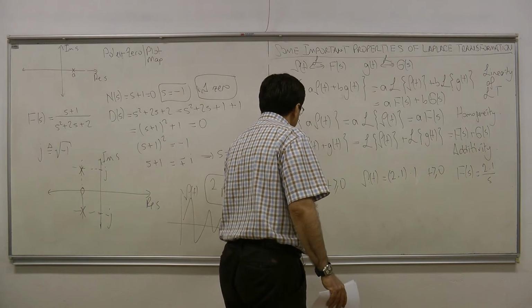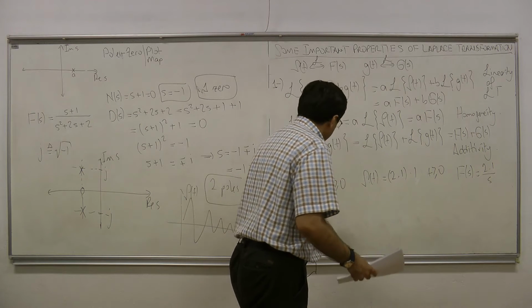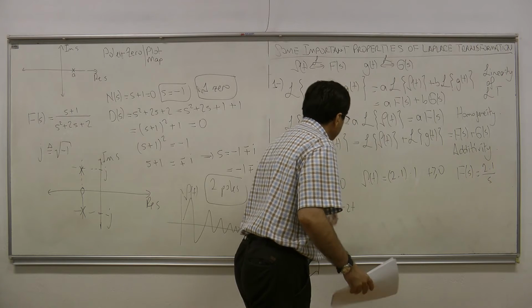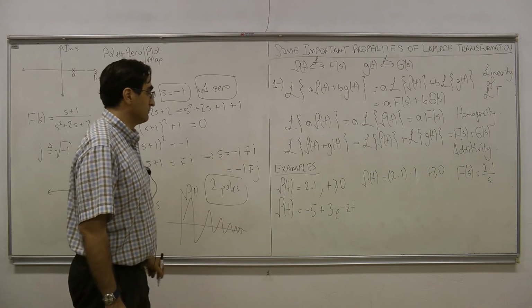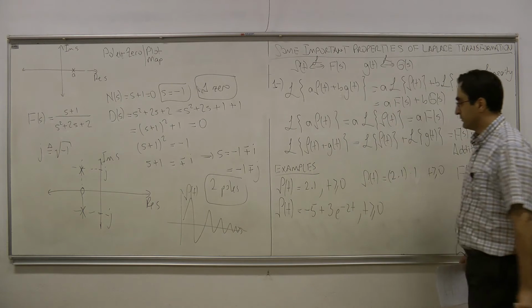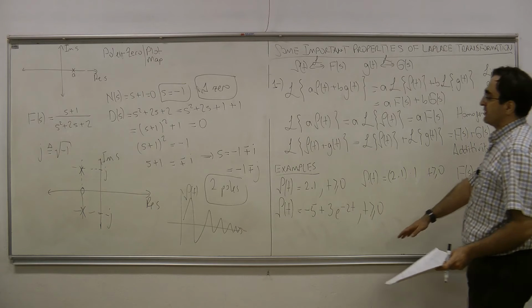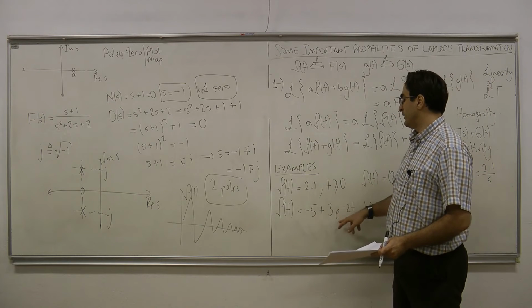Let us look at a second example. I have minus 5 plus 3 e to the minus 2t, and this is true for non-negative time instances. What is the Laplace transformation of such a function? You see that this is again a linear combination of two functions whose Laplace transforms I know.